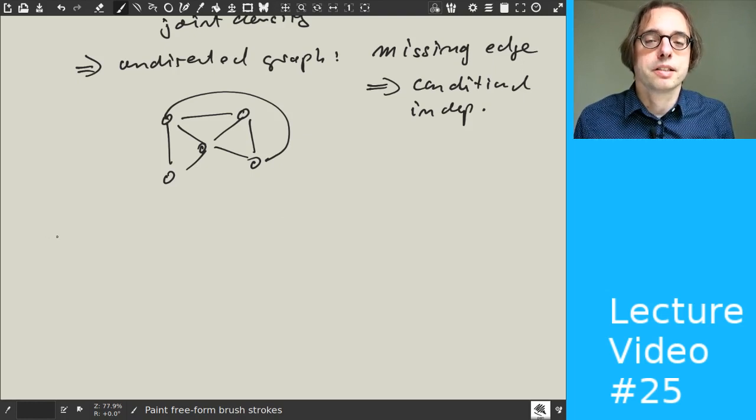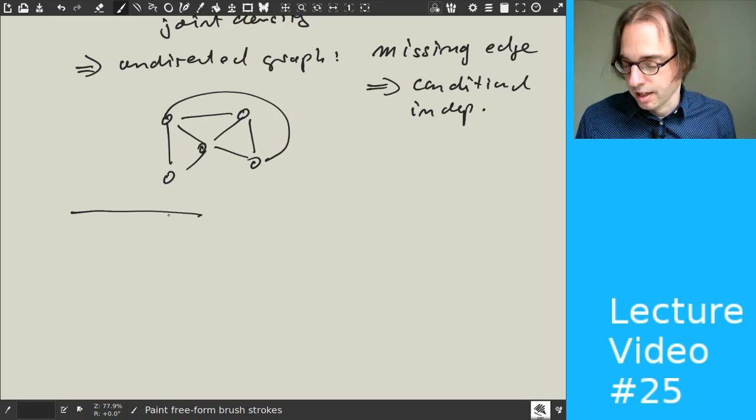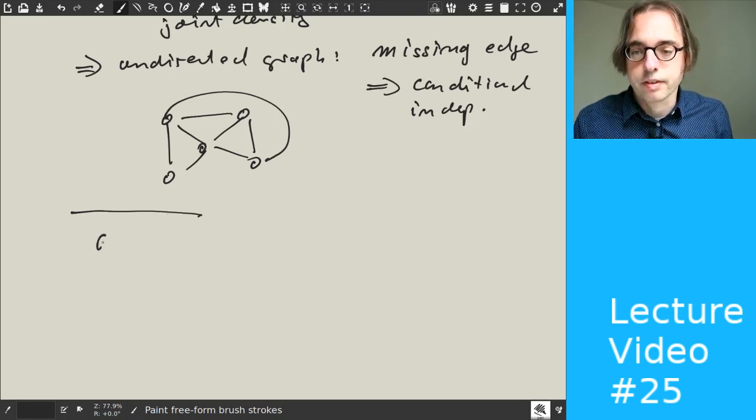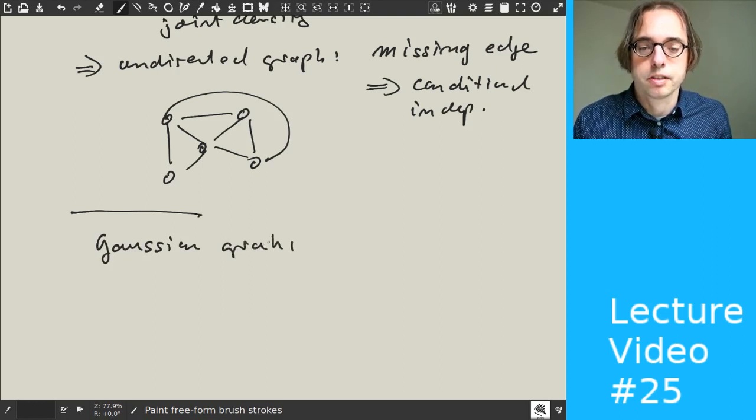Now, that's quite theoretical, but the interesting thing about undirected graphical models is that there's a close connection with Gaussian graphical models, or with conditional independence for the normal model.